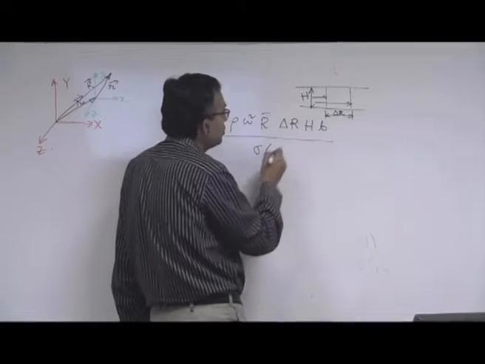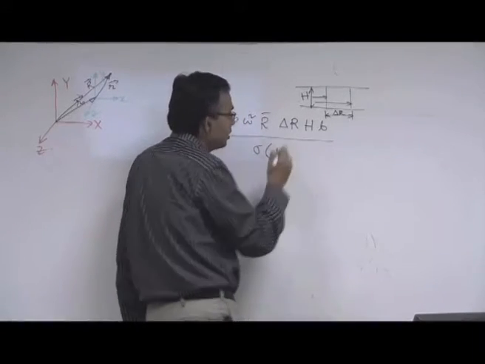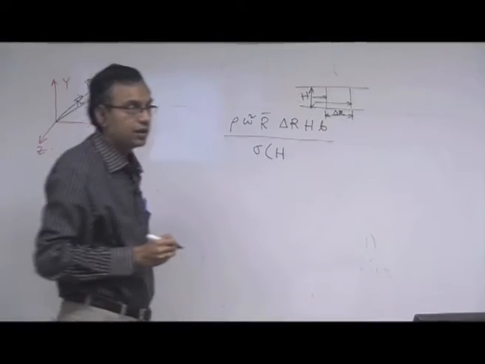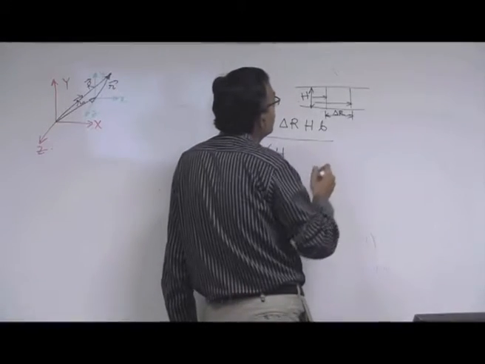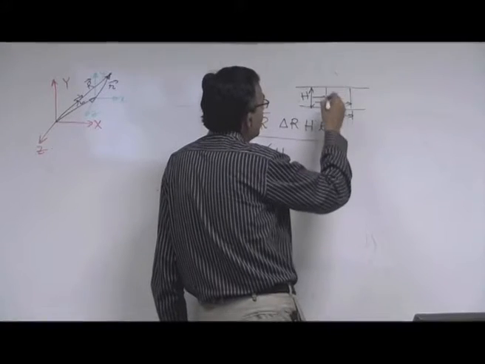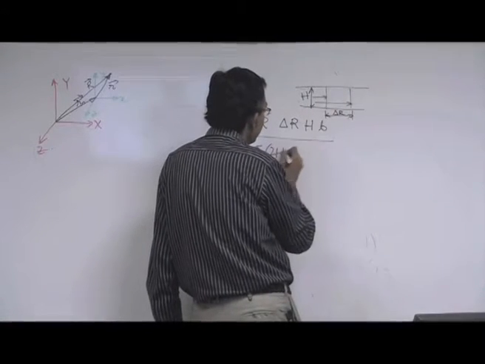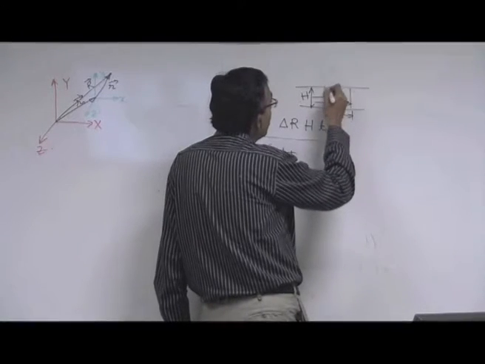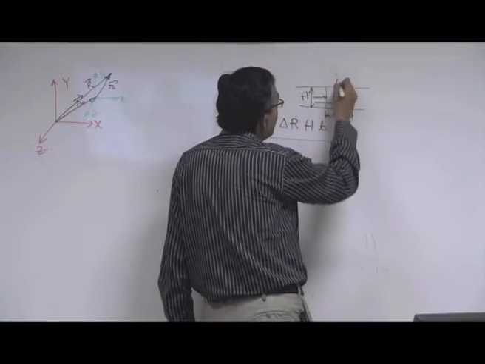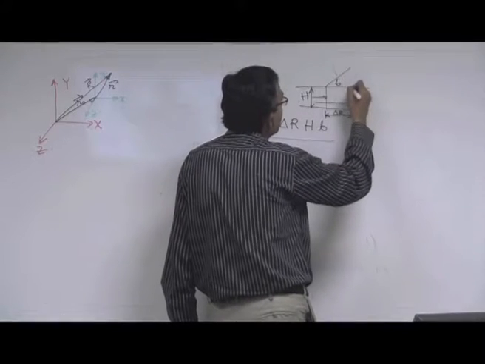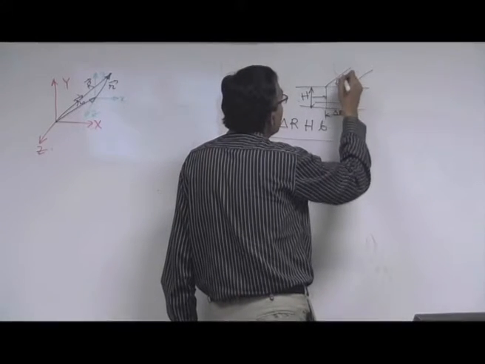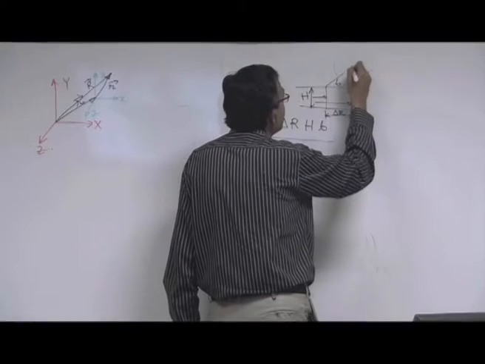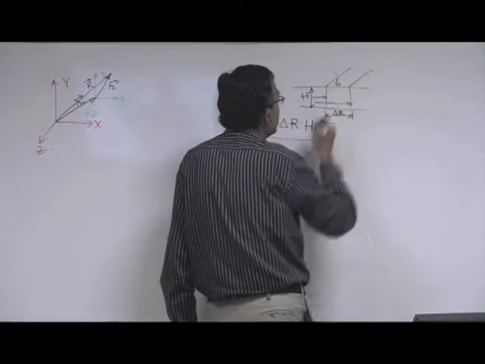Sigma into perimeter. The perimeter is 2H plus, if this is B, then what is the perimeter?